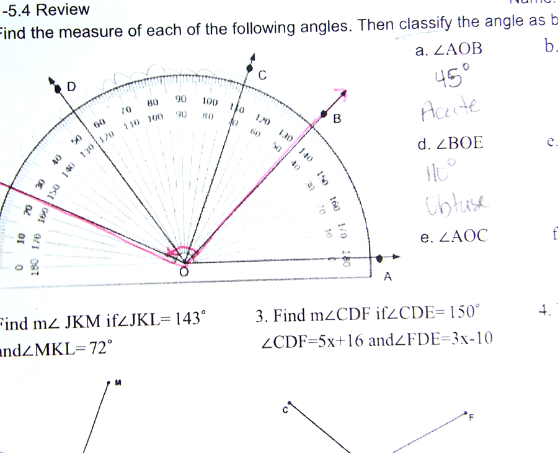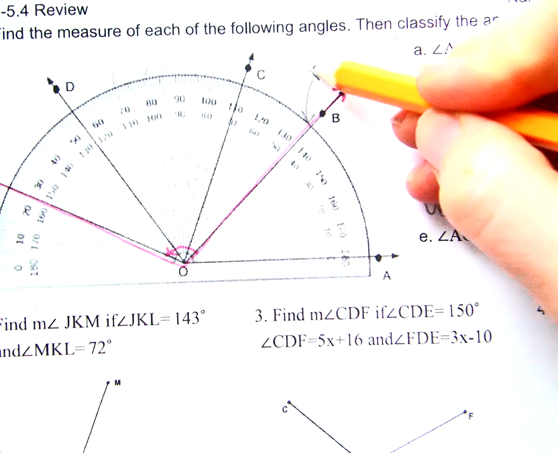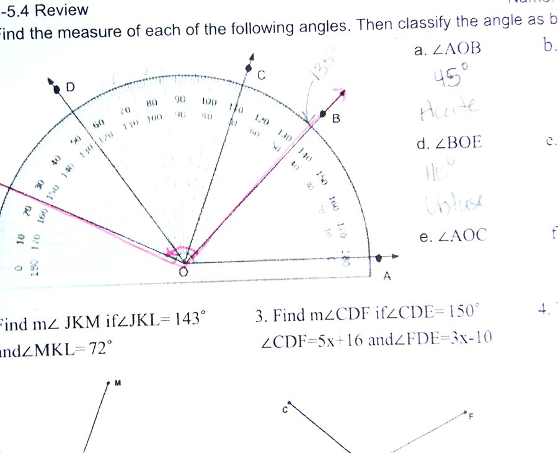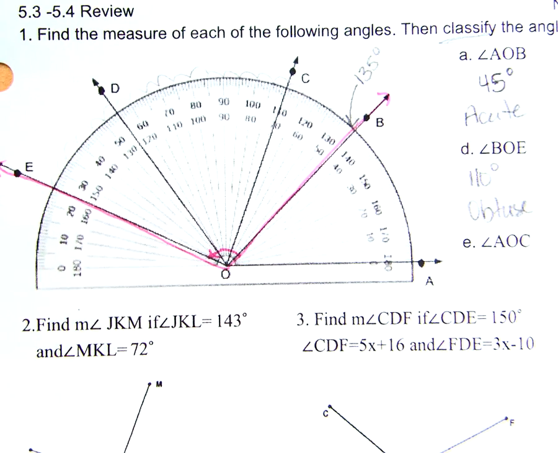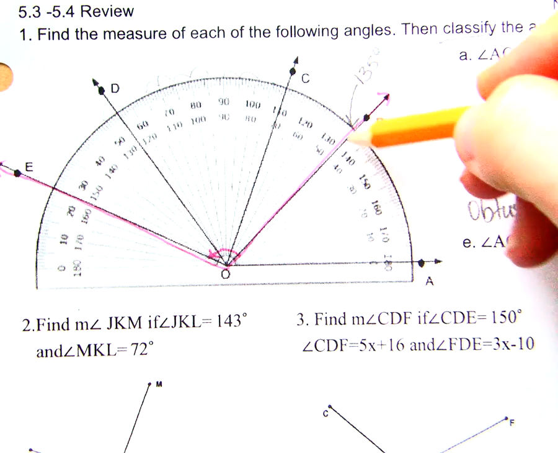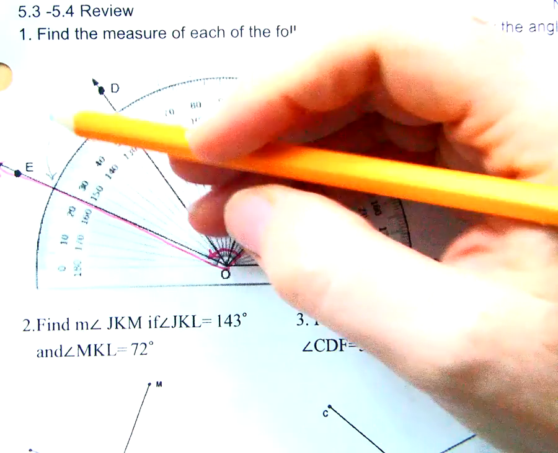Your other option here would be to subtract. So B is hitting at 135 degrees. And E is hitting, if we stay on the outside, E is hitting over here at 25 degrees.